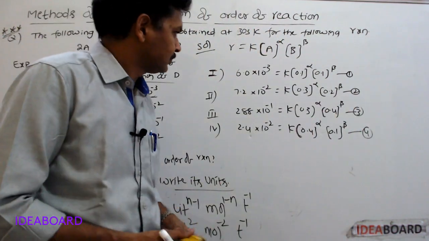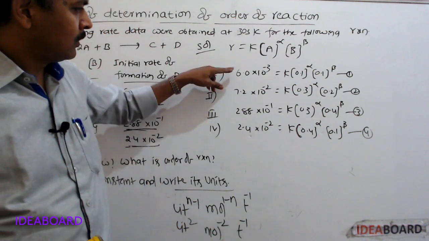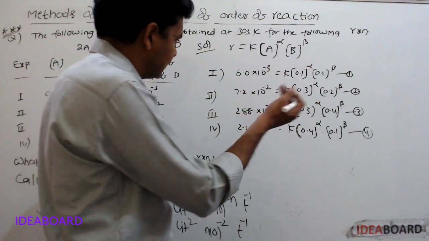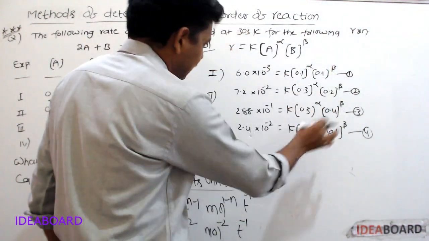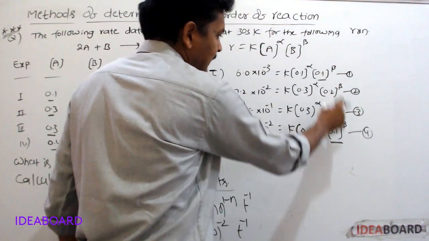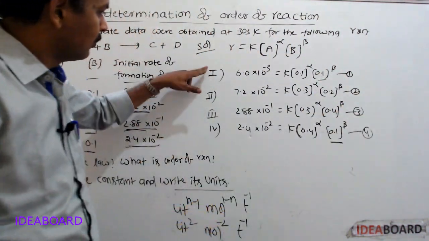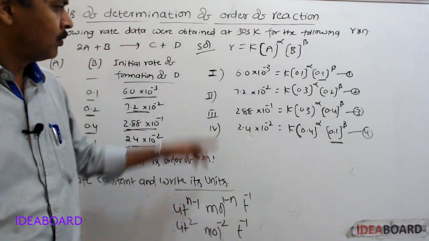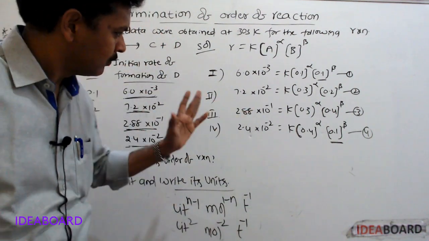I am taking 1 by 4, because in the first experiment and the fourth experiment, B concentration is constant. 1 by 4 or 4 by 1 we can take.